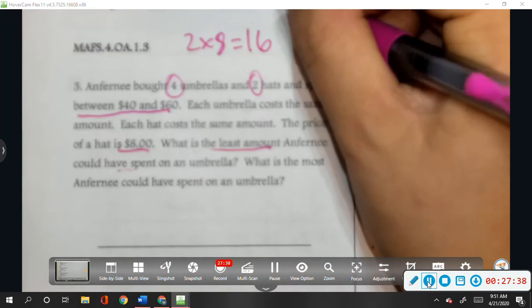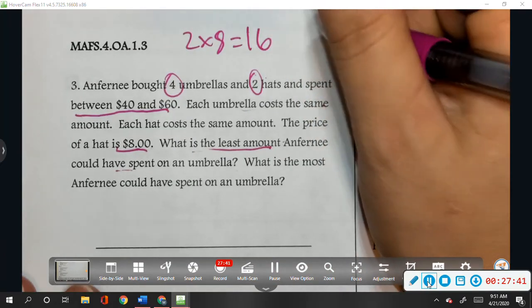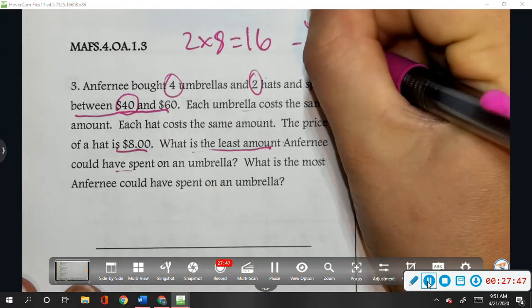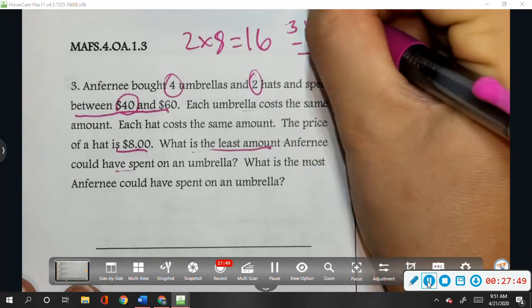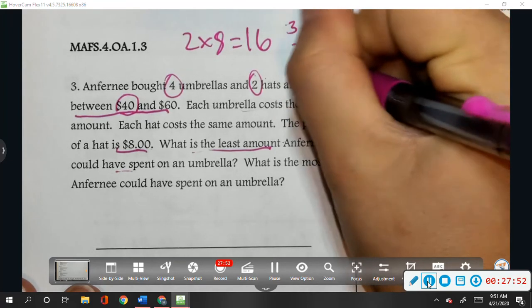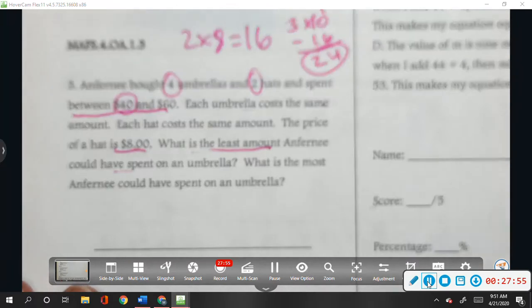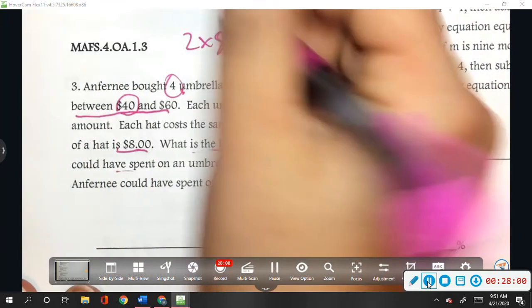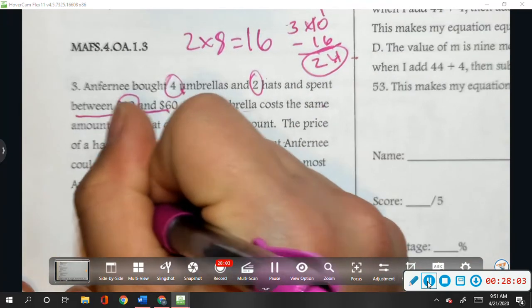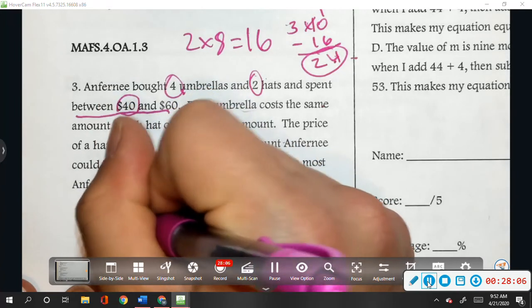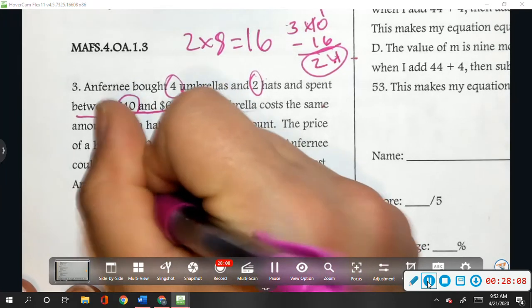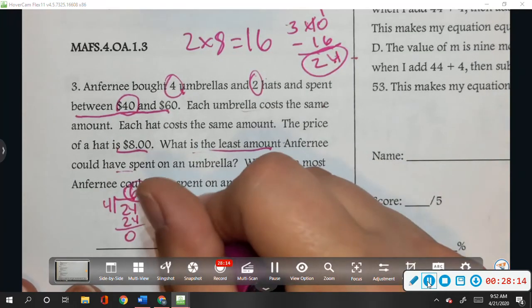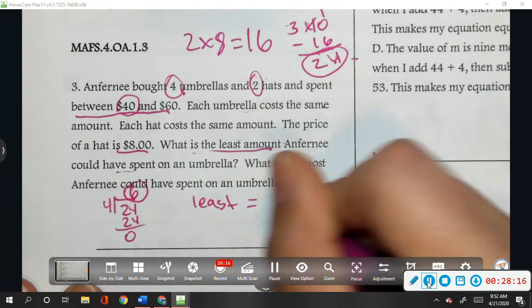We're going to subtract the smallest value we could spend, 40, and we're going to take our hats out, leaving us $24. And if we had 4 umbrellas, we can divide 24 by 4. 4 goes into 24 6 times evenly. So the least amount would be $6.